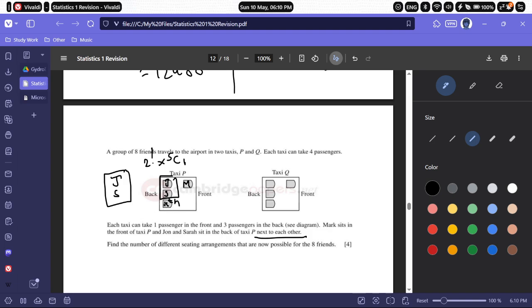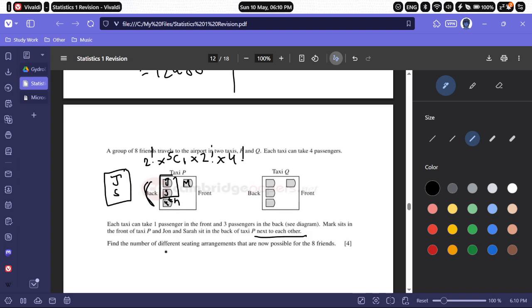Your fourth person can kind of swap with the box in a way, so there's basically two factorial ways to arrange them as well. So that would be into 2 factorial. Now you're done with taxi P. Now the remaining people are 4 and you have to arrange them in 4 places. So 4P4 or 4 factorial.